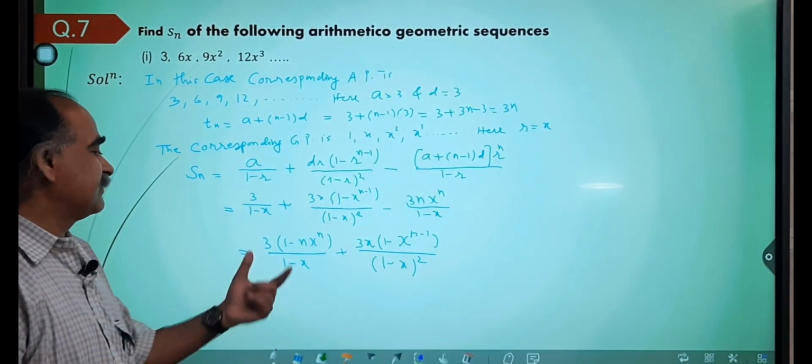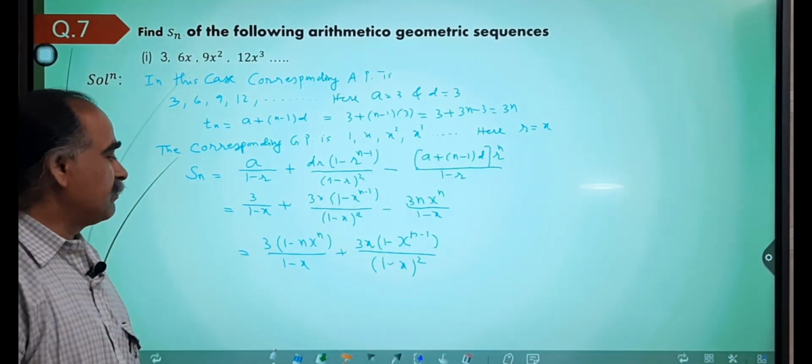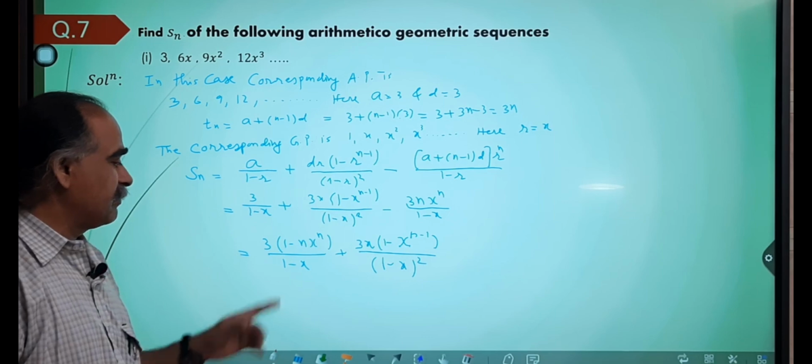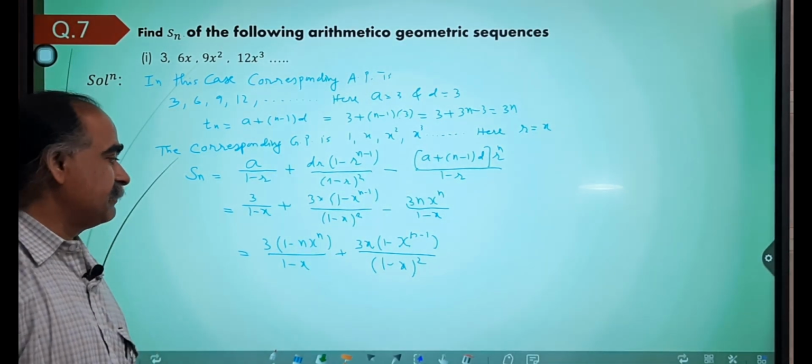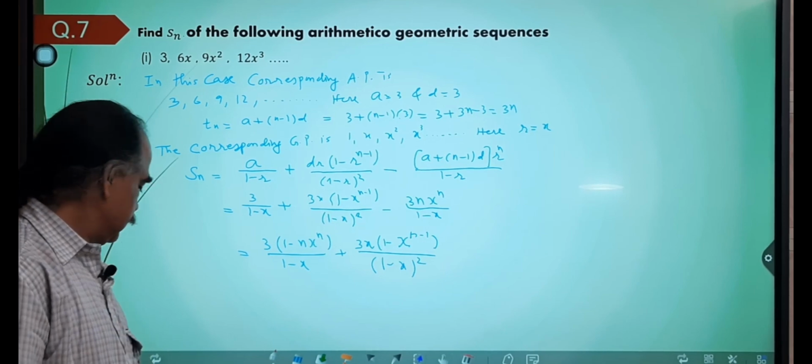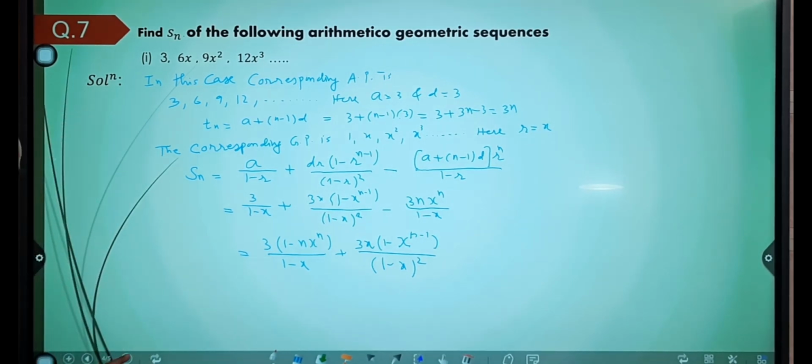Okay, so final answer is 3 into 1 minus n x raised to n upon 1 minus x plus 3x into 1 minus x raised to n minus 1 upon 1 minus x square. So let us go to the next problem.